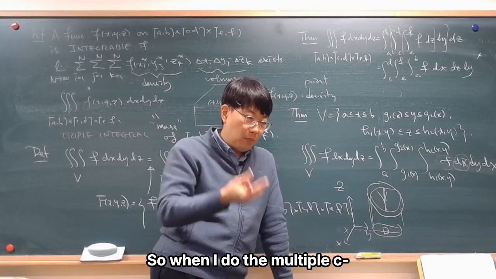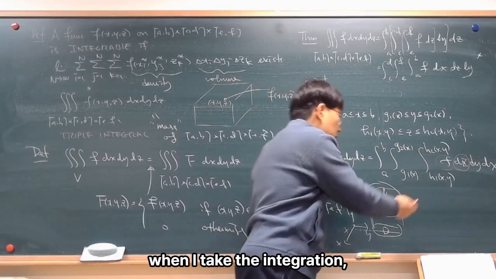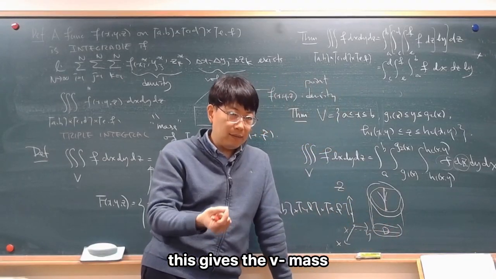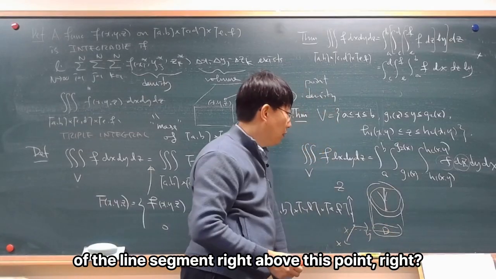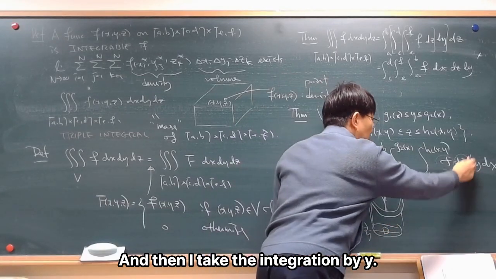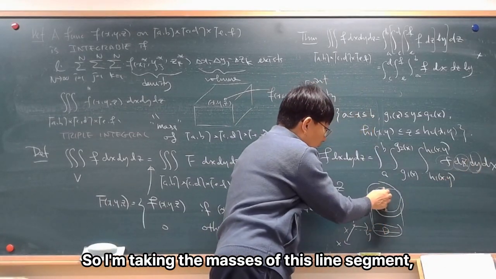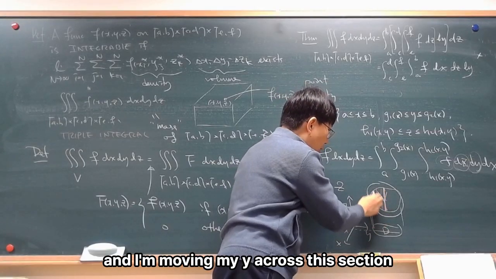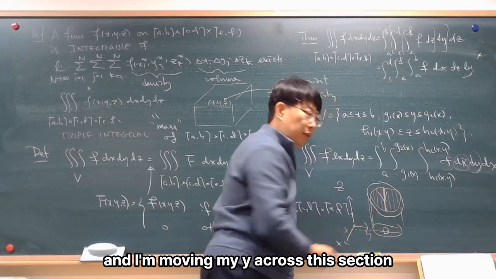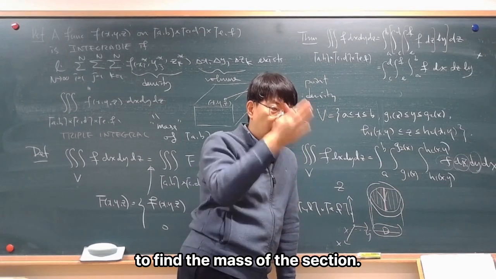So I'm multiplying the density function, the point density, with the length unit. So when I take the integration, this gives the mass of the line segment right above this point, right? And then I take the integration by y. So I'm taking the masses of this line segment and moving y across this section to find the mass of the section.